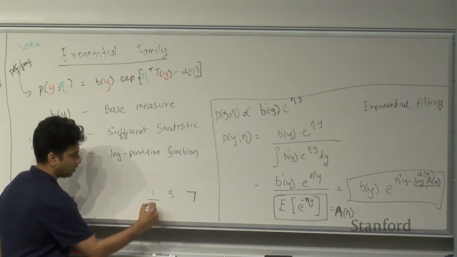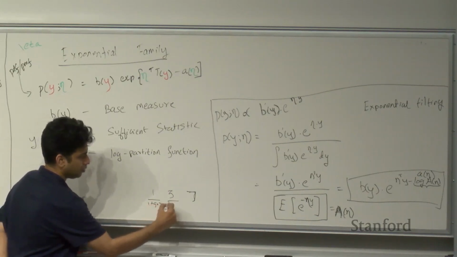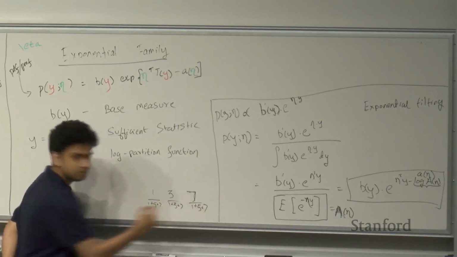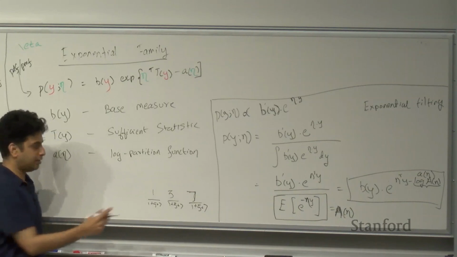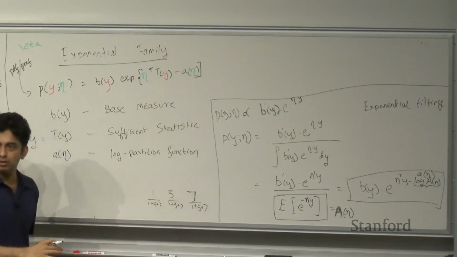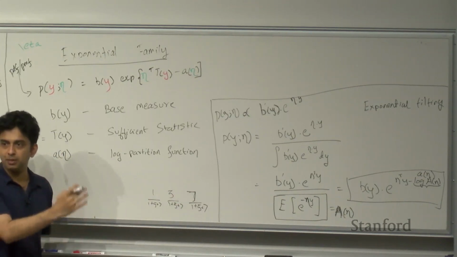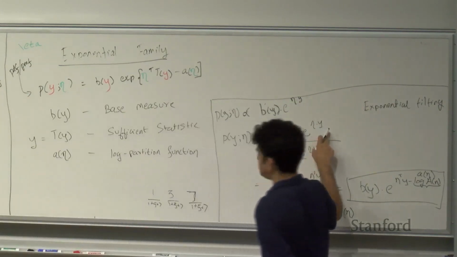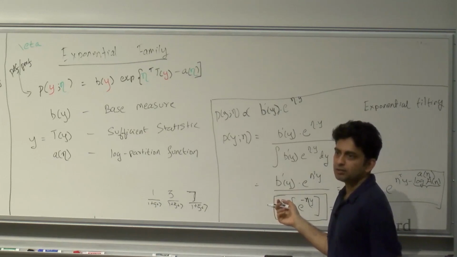So you divide each by 1 plus 5 plus 7, right? And this makes them normalized into a probability distribution. They sum up to 1 now. And here we are doing the same thing on a continuous scale, right?